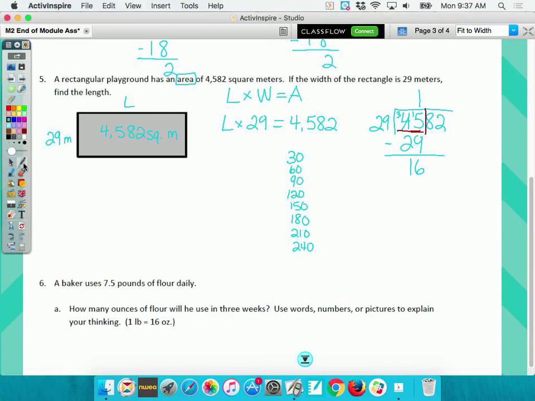Okay, let's take a look. So, if I bring the 8 down here, I'm going to try probably a 5. Okay, so over to the side, what problem will I do? 29 times 5. That works.